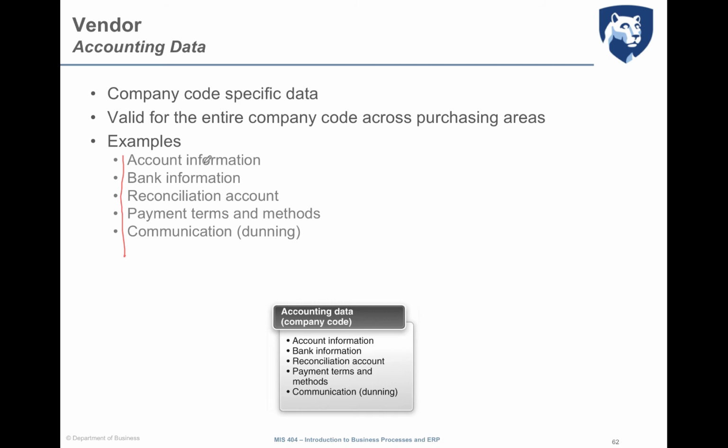In particular, I want to draw attention to the reconciliation account, because accounting data must specify the reconciliation account in the general ledger. If you remember, the vendor account is a sub-ledger account, and thanks to the reconciliation account, the accounts payable can be identified, and the accounts payable account in the general ledger can be associated with the vendor.